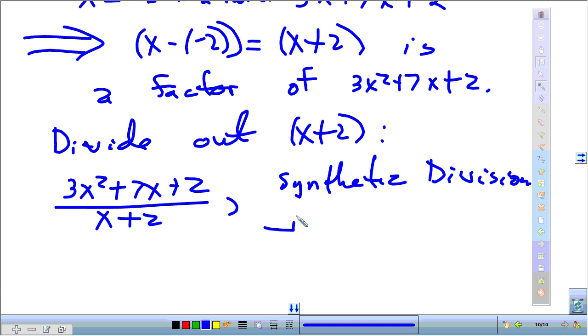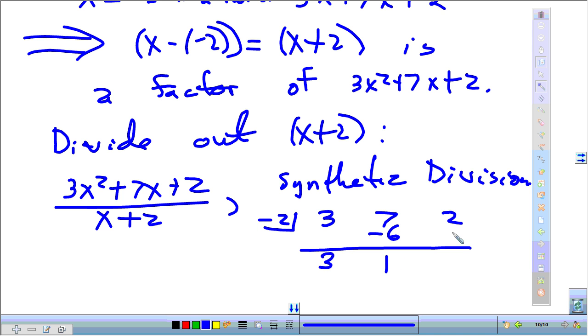So I have the root of minus 2. I have the coefficients 3, 7, and 2 for this numerator polynomial. So run this through. 3 plus 0 is 3. Multiply by minus 2, get minus 6, add, I get 1, multiply, add, I get 0.